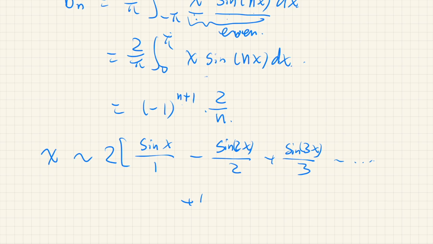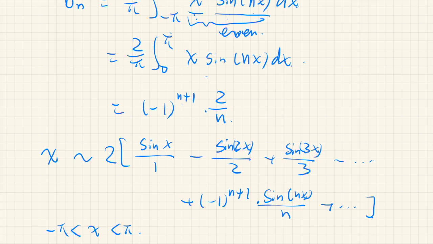The general term is negative 1 to the power of n plus 1 times sine nx over n, and so on. That's it, and x is between negative pi and pi. And as you can see, there are only sine terms. There are no cosines involved.